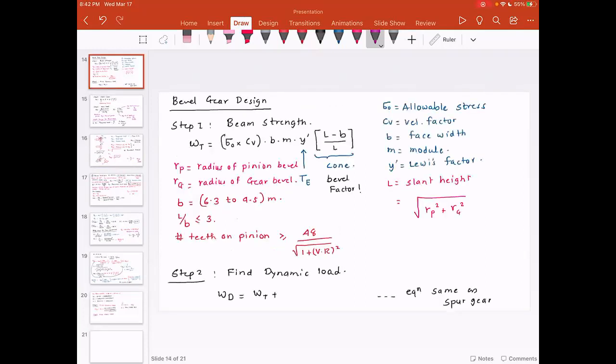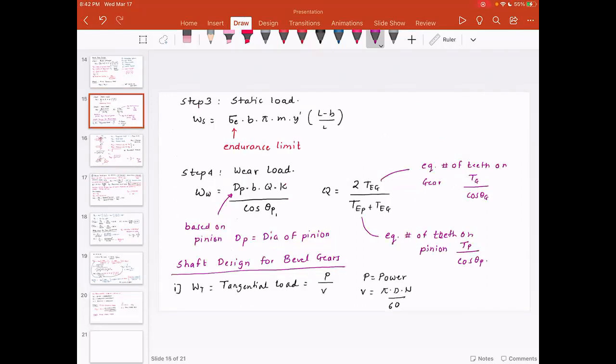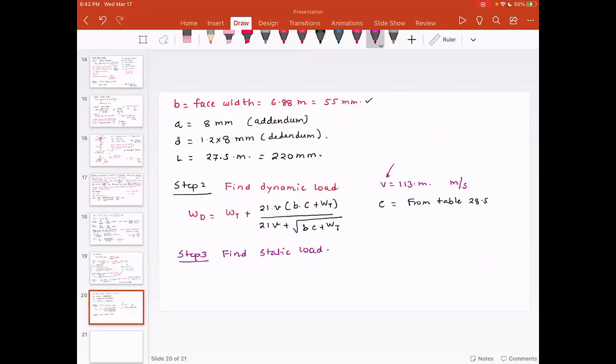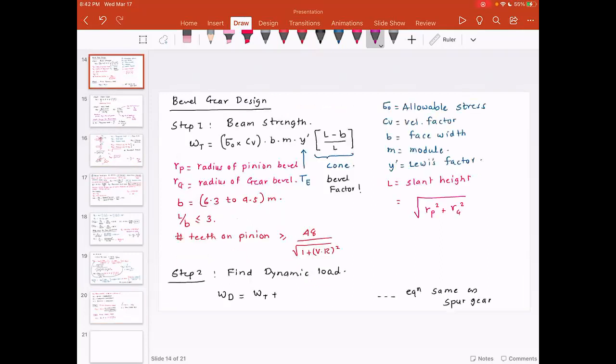So here is the equation for static load: WS is equal to sigma E times pi times B times M times (L minus B) divided by L, times Y prime.